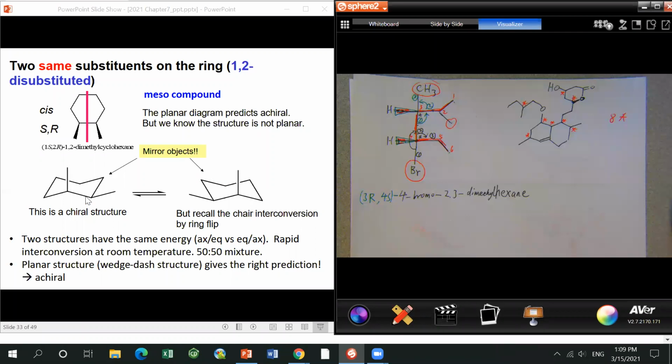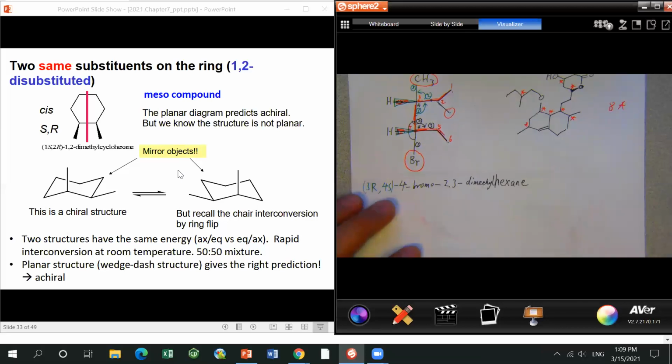So these 2 have the same energy, and in solution they quickly do ring flips, and eventually we get a 1-to-1 ratio of these 2 components for the 1,2-dimethylcyclohexane. If it's 1-to-1, then 2 enantiomers actually act the same as an achiral molecule, because it's 1-to-1, so they cancel out.